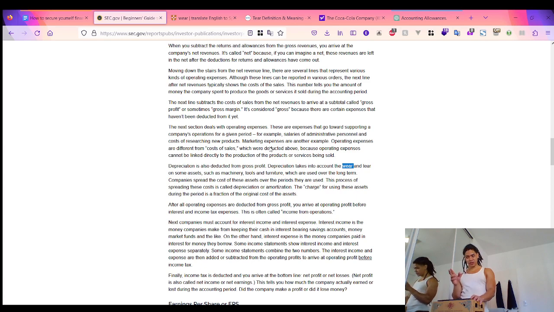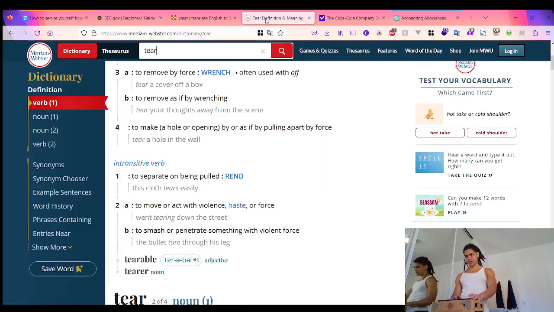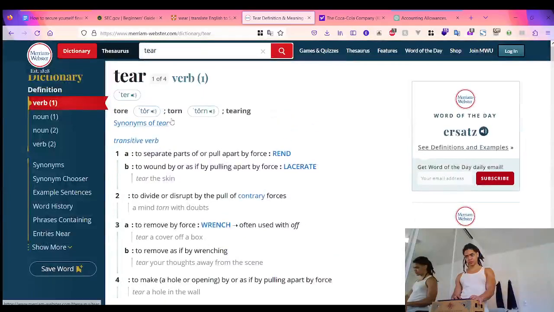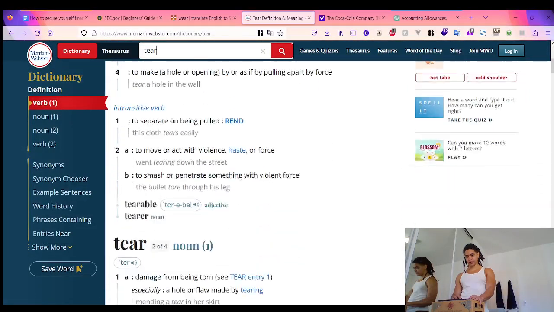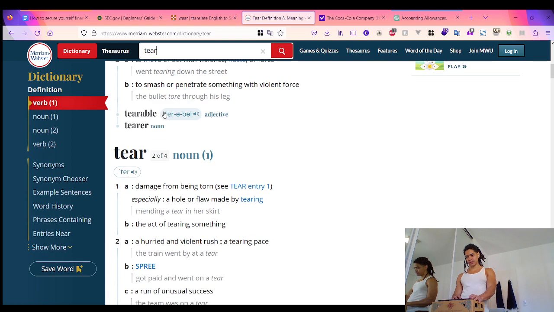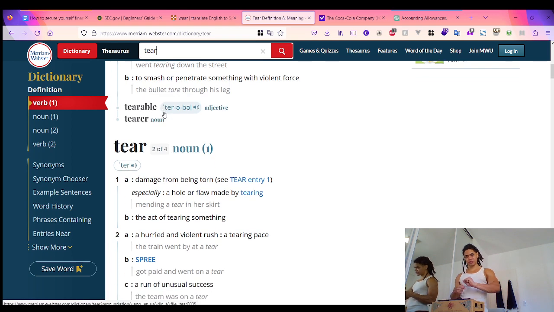What they mention here is the use, the amount of use, or damage. Tear, a damage from being torn, a damage from being twisted or torn.